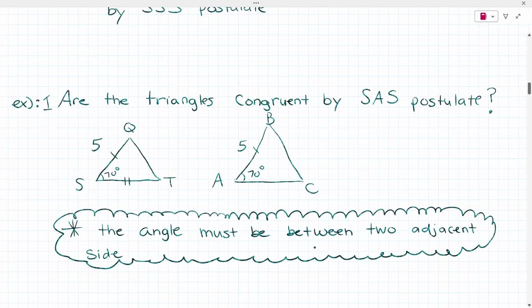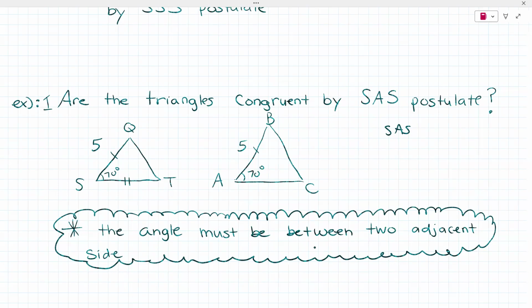So let's look at example one. Are the triangles congruent by the SAS postulate? You have these two triangles. SAS: side, angle, side. Let's look at this triangle.